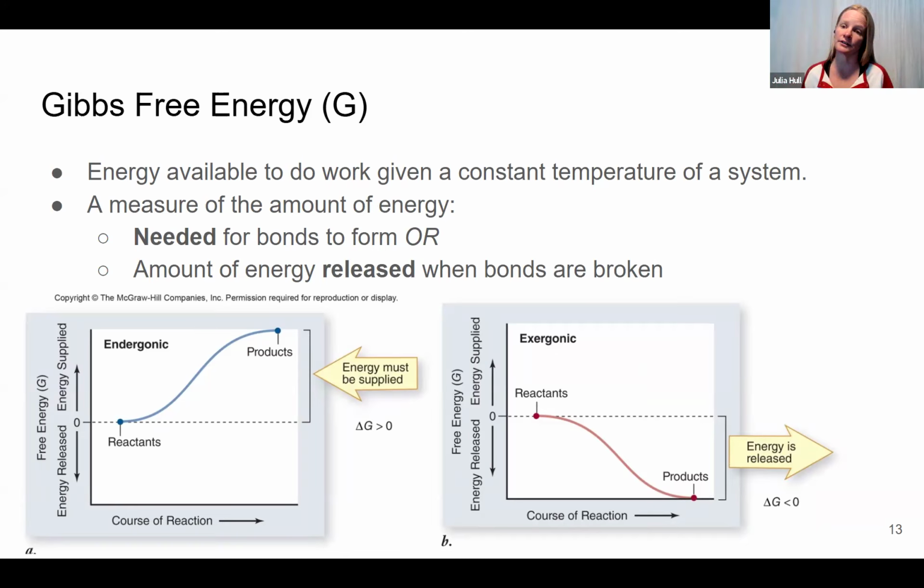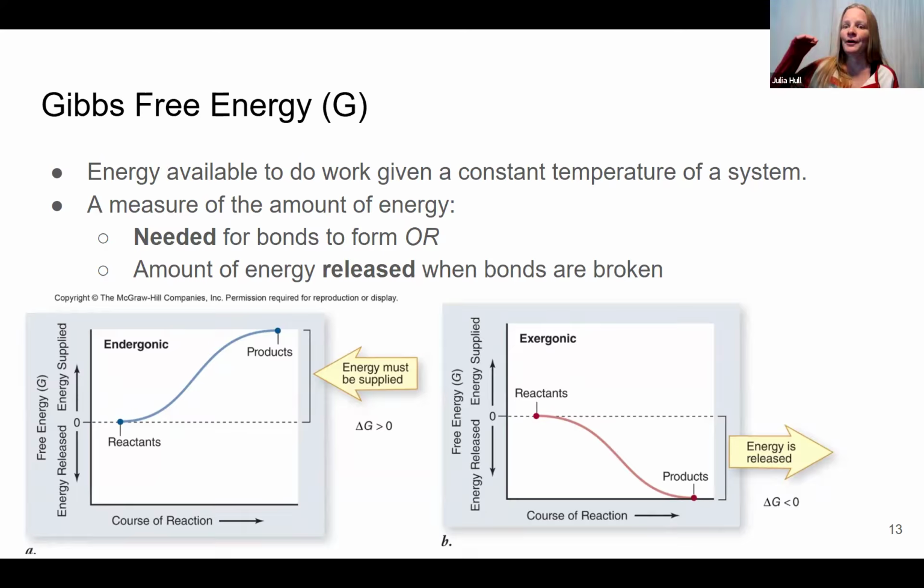Okay, so this is going to get us to our concept of Gibbs free energy. So in our biological systems, we need to have order, we need to have homeostasis, we need to keep things together, right? But the natural state of the universe is to increase the disorder.